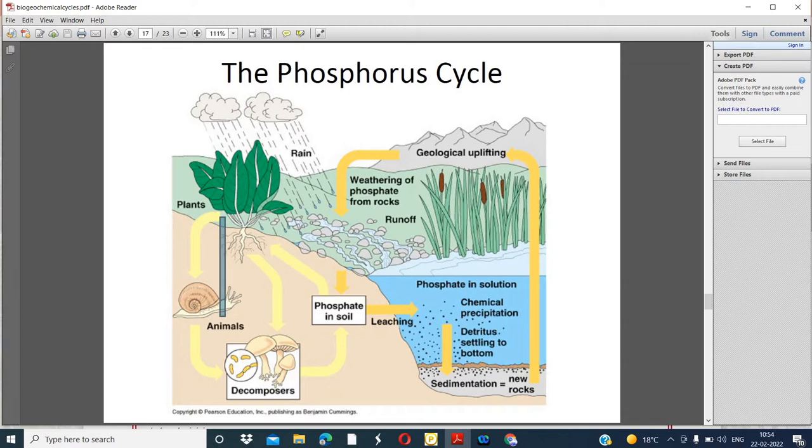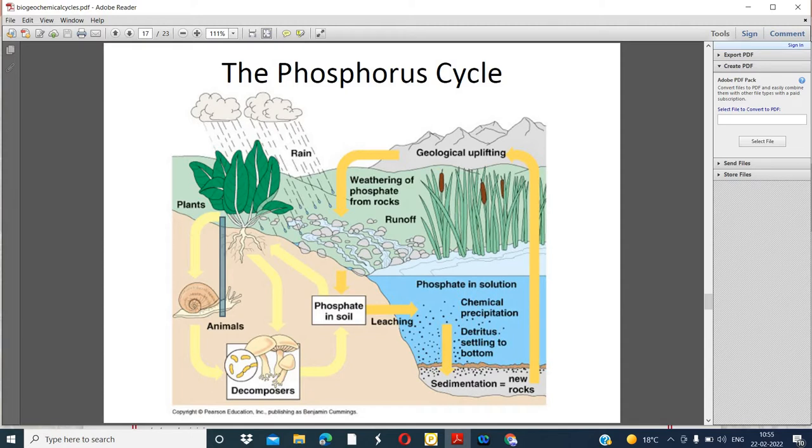Phosphorus is the main component of the sedimentary rocks, but plants cannot extract phosphate from the sedimentary rocks in any form. Plants can utilize phosphorus in the solubilized form.